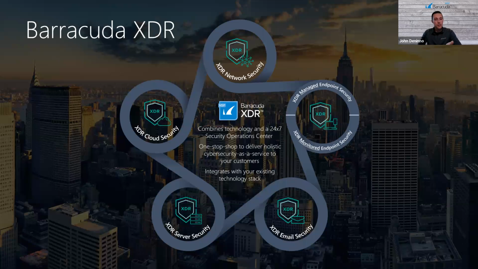You have cloud security. So this is going to monitor for malicious activity in the cloud to find identity, asset, and privilege risks, such as unauthorized access to mailboxes, admin changes in the environment, impossible logins, and brute force attacks. Next, we have server security.